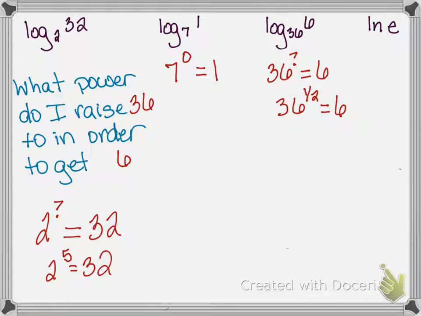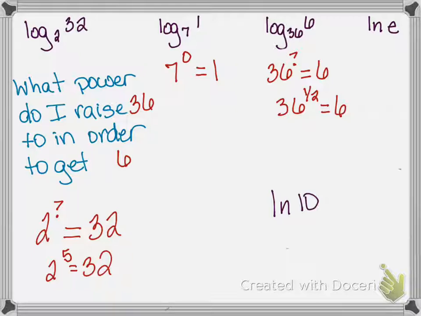Now I've got the natural log of e. When I have the natural log of anything, and that's ln, I can have the natural log of 10, the natural log of 50, the natural log of anything.